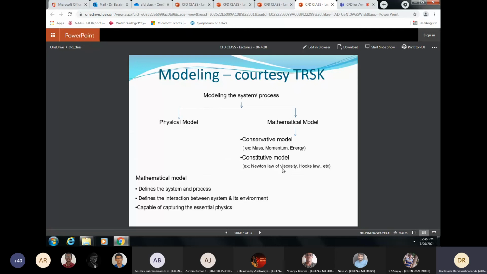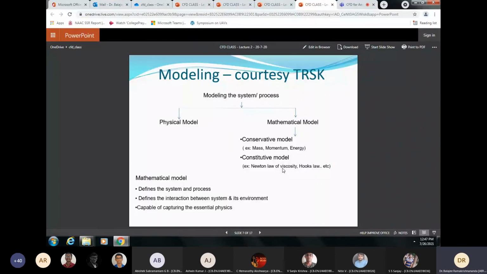But these are mathematical models of physical principles. So the mathematical model defines the system and process. It defines the interaction between the system and its environment. That is when you'll have boundary conditions. Sometimes you can go up to infinity. Sometimes you have to state that this is where I stop. So where you stop, you should put some condition. All the variables cannot have empty values in a computer system or even a mathematical model. You should have the proper closure.